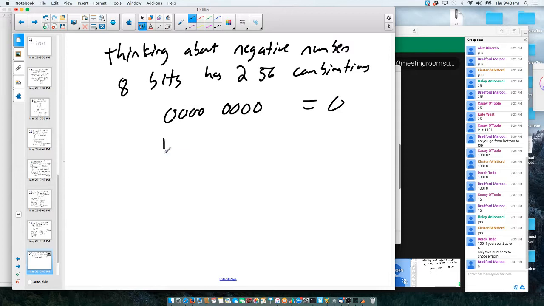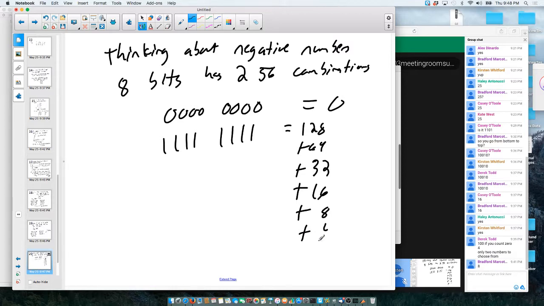And the biggest number is that, which turns out to be 128 plus 64, a 1 in all of these places. And you can check my math. That's going to come out to 255 because 8 bits have 256 combinations, and if I start counting from 0, I end up at 255. But that means I don't have any way to do negatives. Okay.